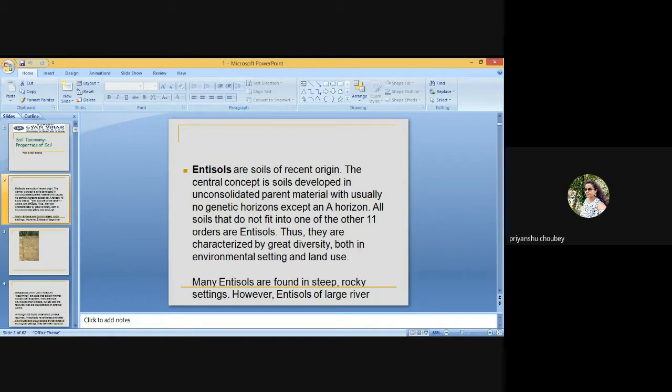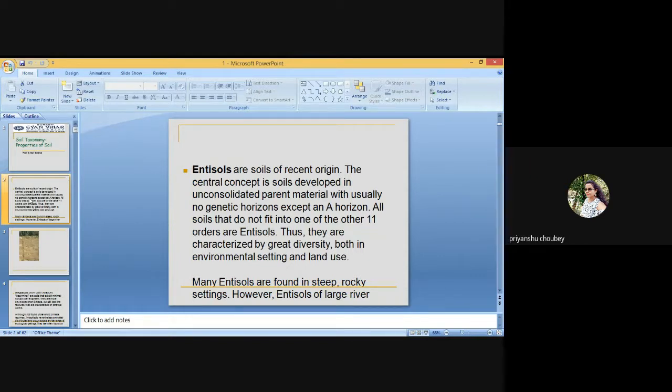The names of the classification units are a combination of formative elements, as in these slides. Each part of the name conveys a concept of soil characters or genesis. For example, aridisol: the Latin word aridus means dry, and solum means soil, the soils of a dry place.